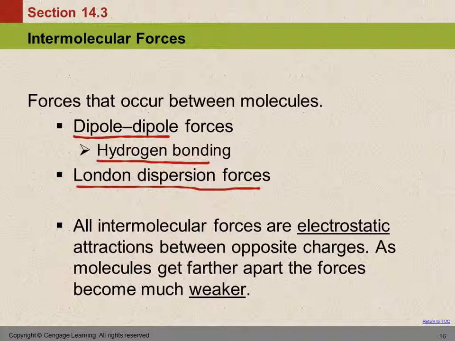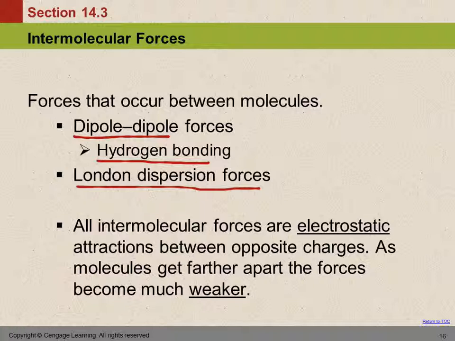So this attraction between opposite charges acts in much the same way that magnetism does. And so you can think of these in terms of magnetic toys, where the balls and sticks are sticking together because they're magnetic, or Brio trains where the little trains stick together. As the molecules get farther apart from each other, those forces become weaker.